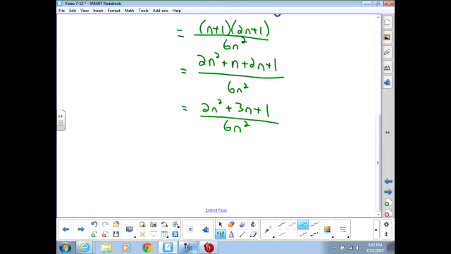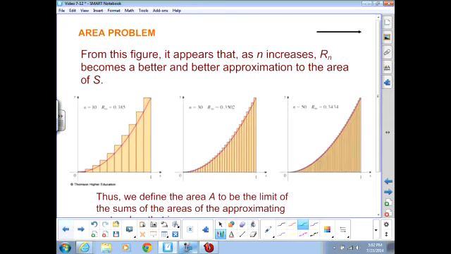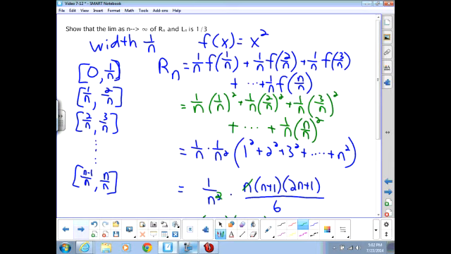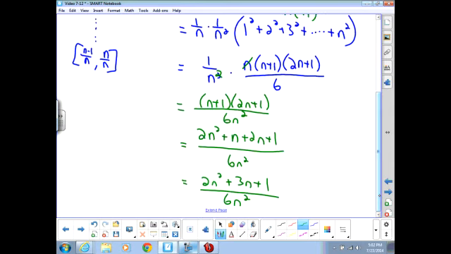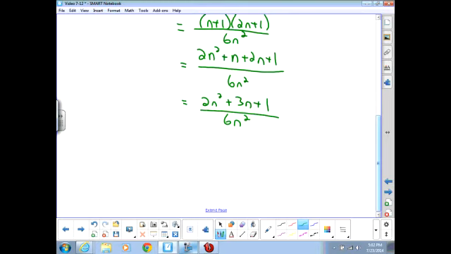Well, we saw in the previous slide that when n gets infinitely large, that's what will make our rectangle area approach the actual area, because it becomes a better and better approximation. Well, if we want n to get infinitely large, we're going to take the limit as n approaches infinity. So we'll look at the limit as n approaches infinity of 2n squared plus 3n plus 1 over 6n squared.